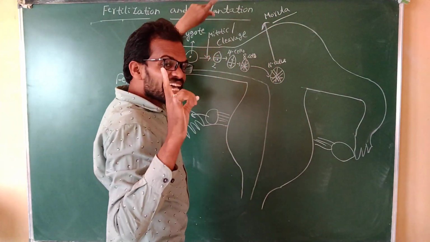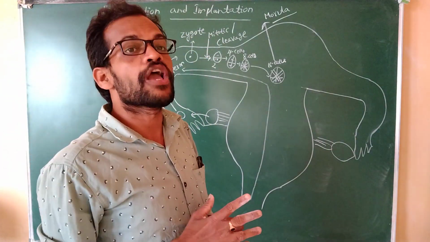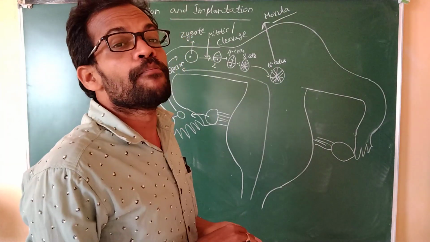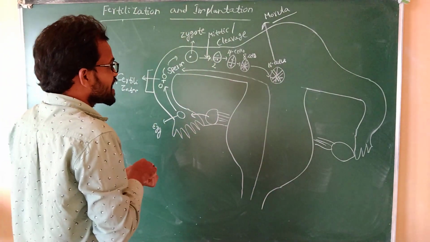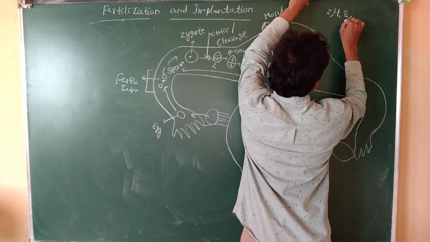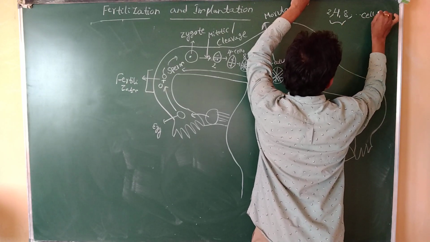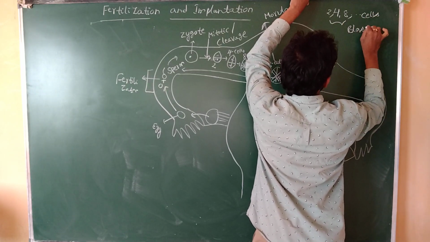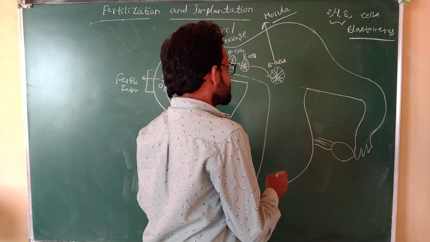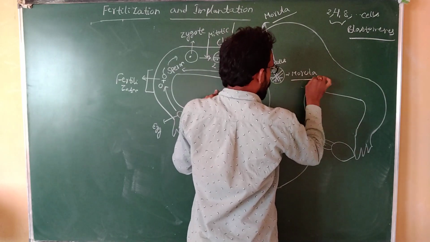The 2 cells, 4 cells, and 8 cells are called blastomeres. This 16 cell stage is known as a morula.